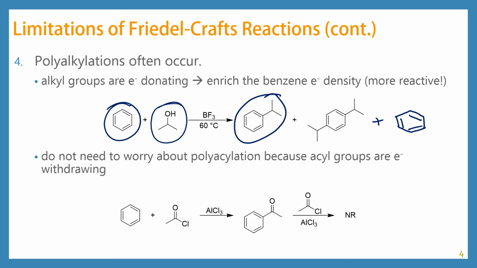So for example, if you react benzene with acetyl chloride in the presence of aluminum chloride, you're going to get acetophenone. But when you try to react acetophenone with acetyl chloride, you're not going to get a reaction because acetophenone is deactivated and therefore will not participate in a Friedel-Crafts reaction.